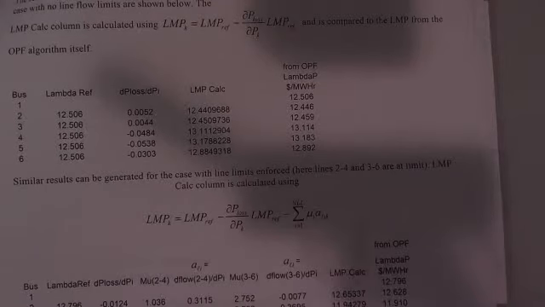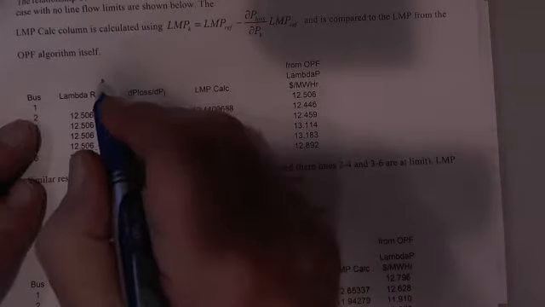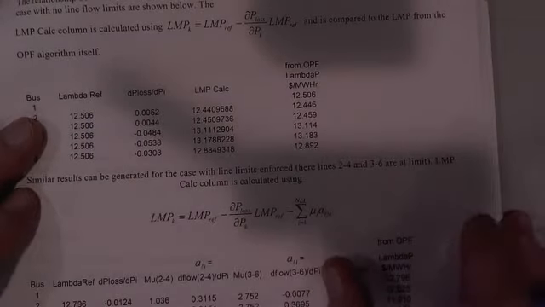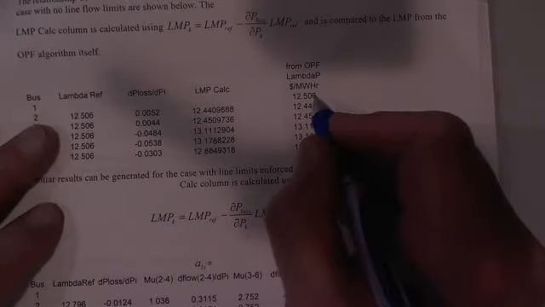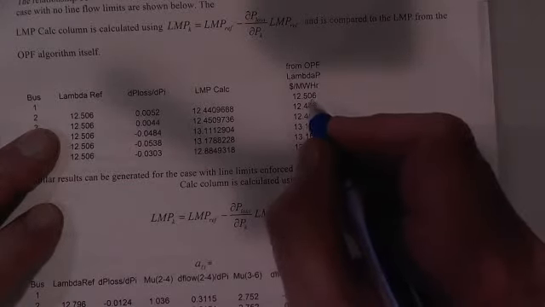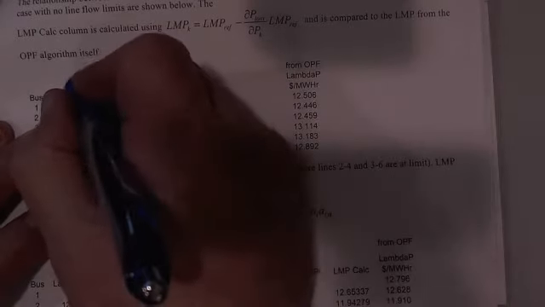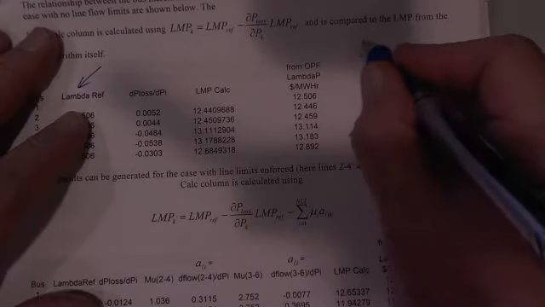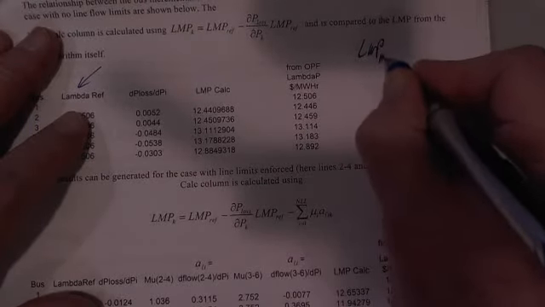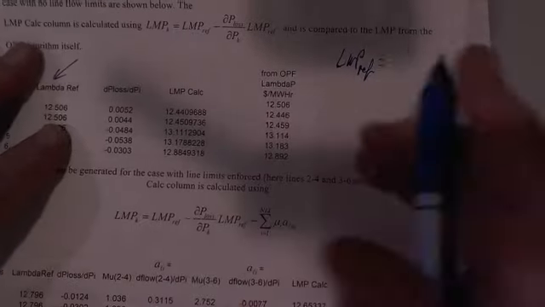And this is in the book, but I'm just going to go through this and say, well, at the solution, this is lambda ref. So what we called lambda ref here is the LMP ref is equal to 12.506.